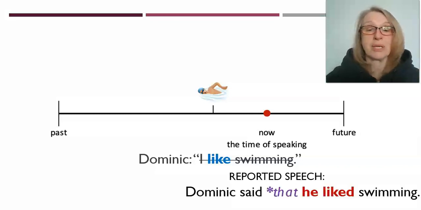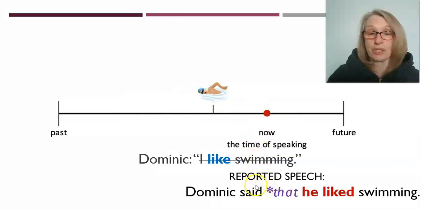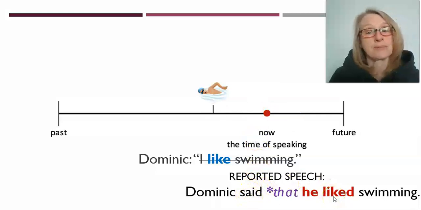Yesterday, Dominic said that he liked swimming. So we move our verb one space back because that's when he said it. He said it yesterday, so you have to use said in the past and the verb in the past.